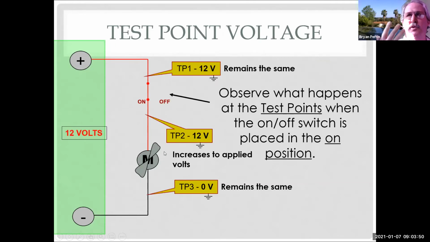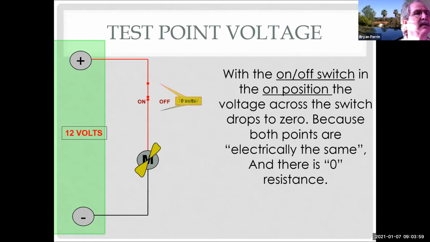Ohm's law says I have to use all of it, and then we come down to ground. Now, when I measure across the switch, I see 0 volts because my switch is now a conductor and both points are electrically the same. So my voltage drop across the switch is now 0 because the motor is using all the available voltage.